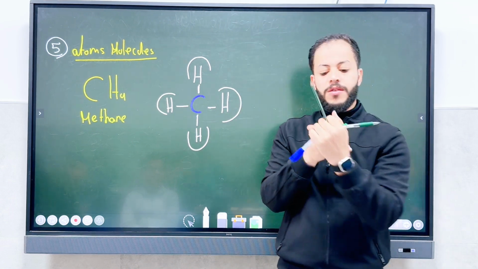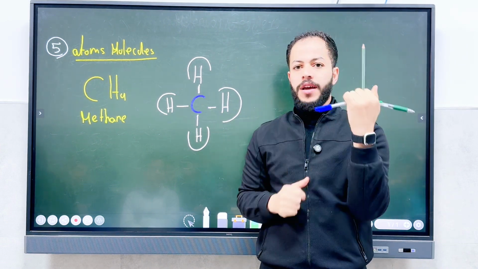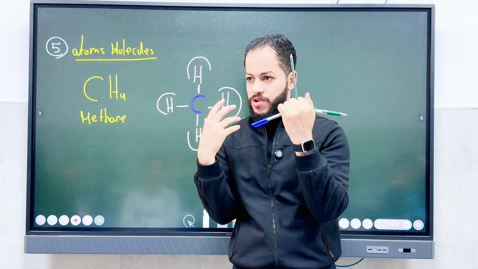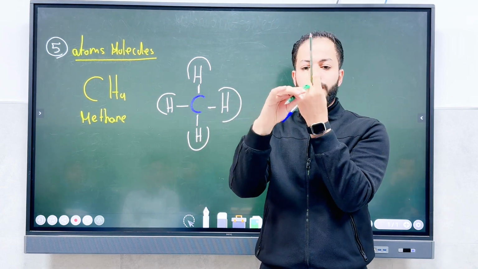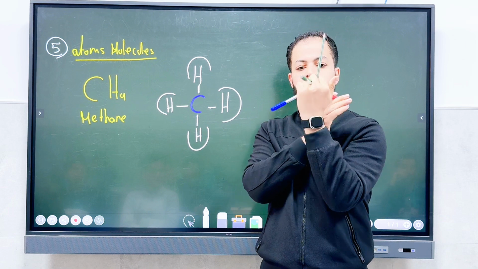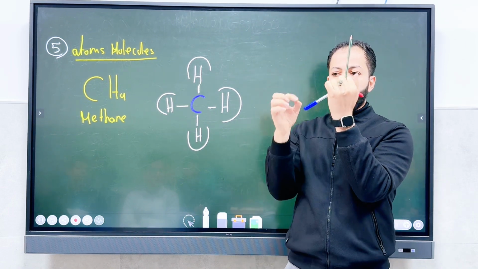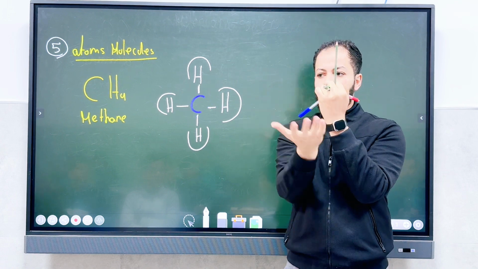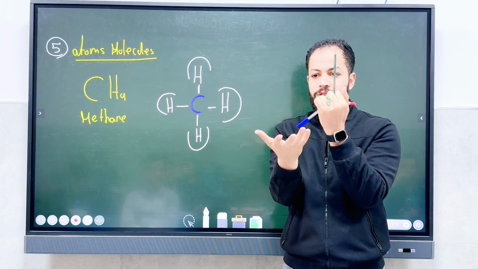Okay, guys, do you see that? This is why you imagine it's a 90 degree angle, but we said that it's a 3-dimensional shape, right? So what happens is this bond goes towards you like this, and this bond goes back away from me, and this angle is like this. Do you see the shape of it? It's a pyramid with a triangle base. And how could we represent this?